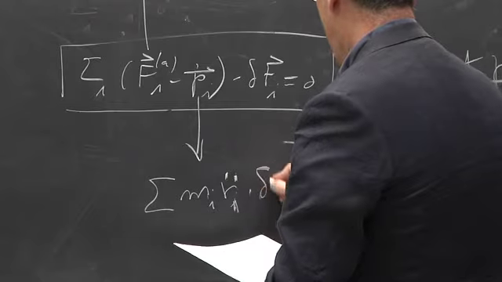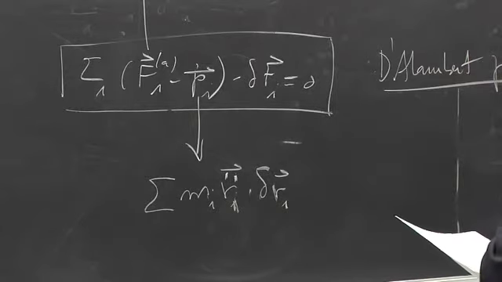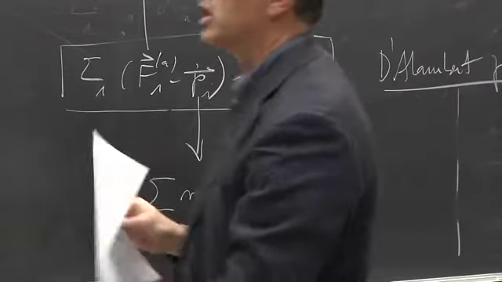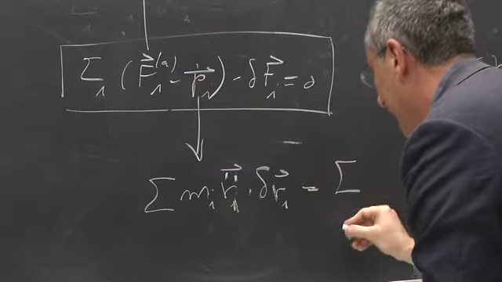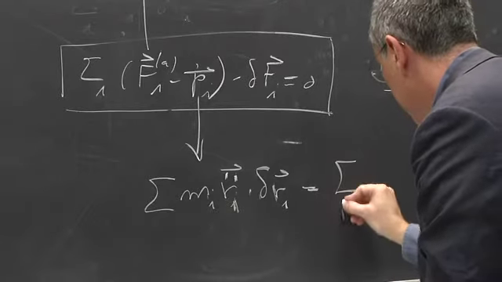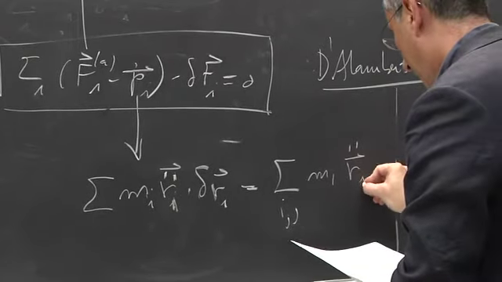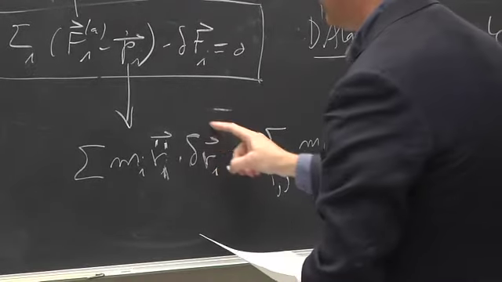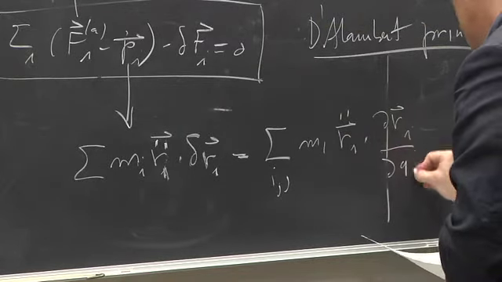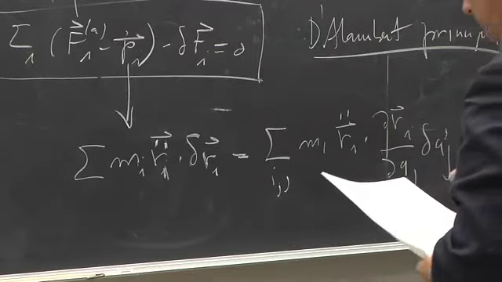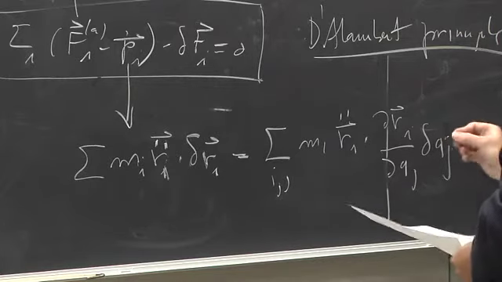And this is scalar product of this vector here times the position. And again, I have to change from my ri to this q. So I replace, here you have a sum over i and j, mi ri dot, and instead of this, I put my partial derivative of ri with respect to qj, delta qj.